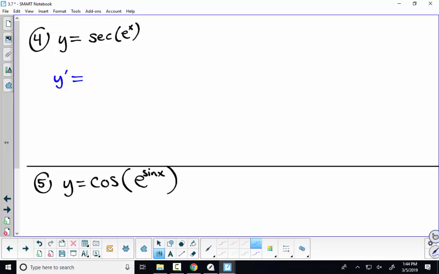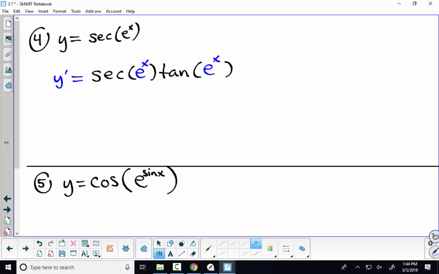So what's the derivative of secant? Secant x tangent x. Secant tangent. Remember that first part is where we leave the inside function alone. So this is secant of e to the x tangent of e to the x.